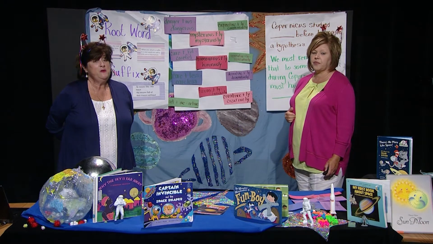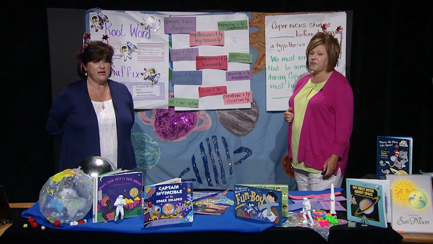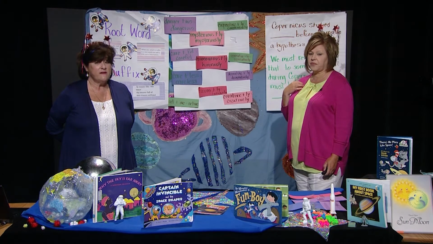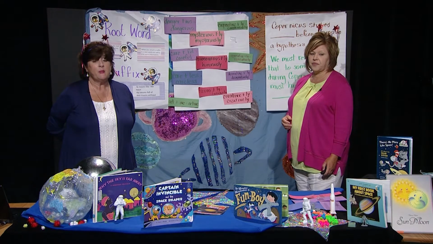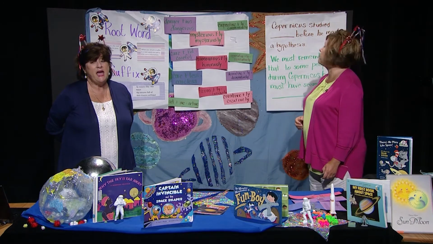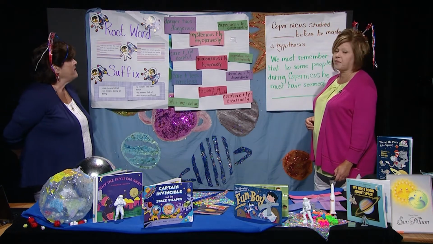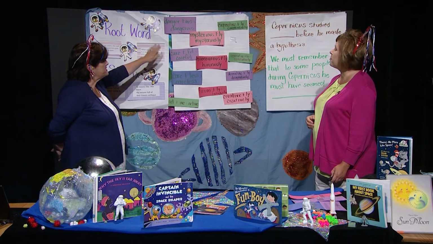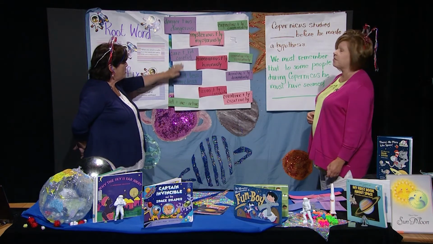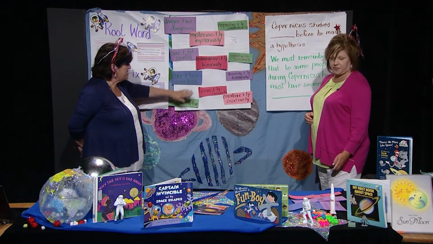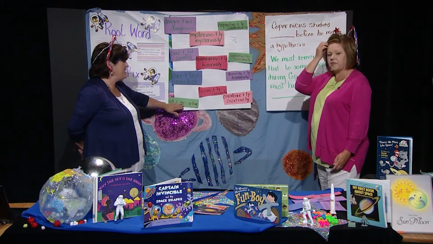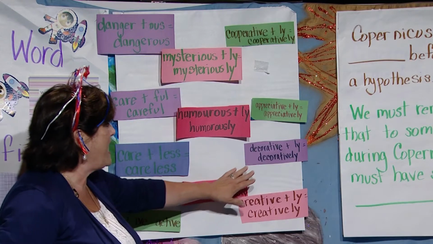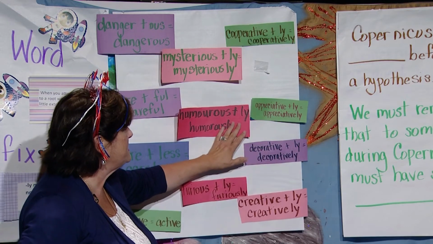Now, we're going to move on to play some more games with suffixes. We have added ous, we've added ful, we've added less, we've added ive, we've even added two suffixes at a time.